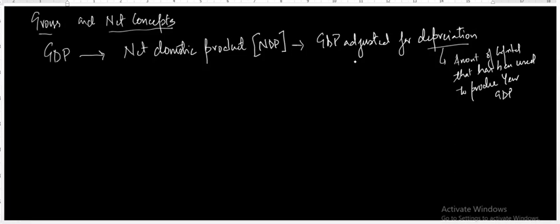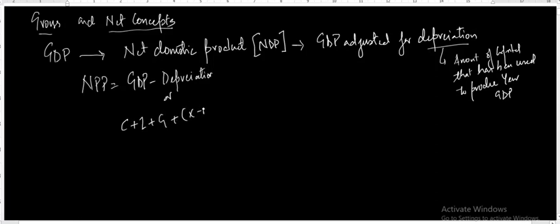That results in the net domestic product. So if I write it down, the net domestic product is going to be GDP minus depreciation. Or I can write it like this: consumption plus investment plus government expenditure plus exports minus imports minus depreciation. In both ways you can write it. So this is my GDP and this is going to be my depreciation.